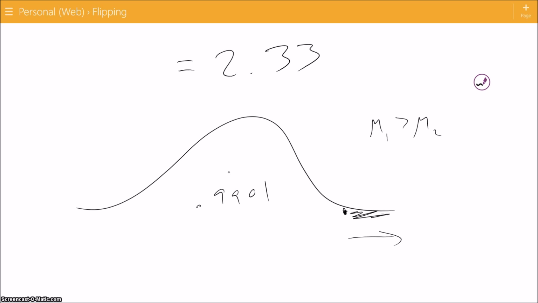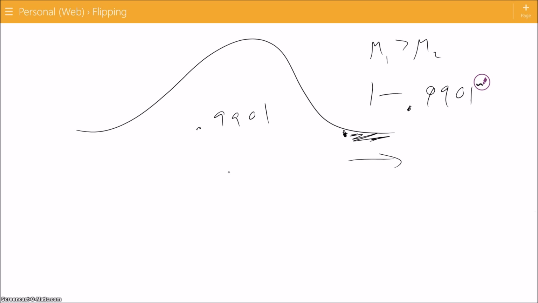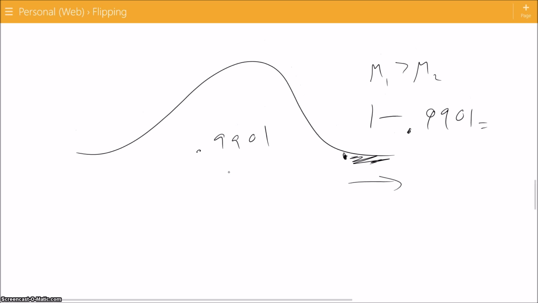We're concerned with this area over here. So do 1 minus 0.9901, and then you are left with your p-value, which is 0.0099.